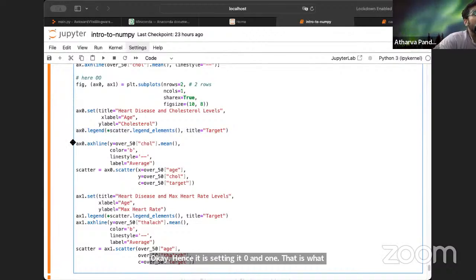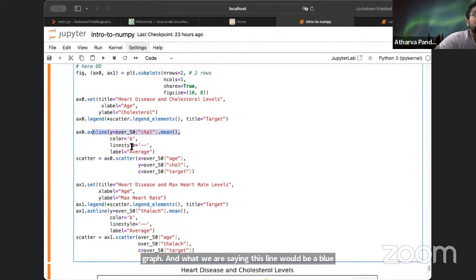Now, ax0, axhline. Basically, this draws a line in between a graph. And what we are saying is this line would be of blue color. The line should be the mean of cholesterol for axis 0.